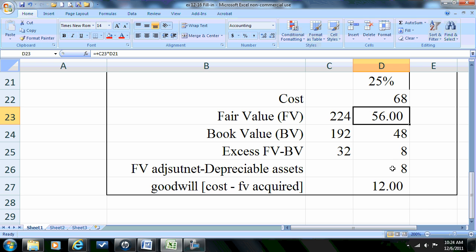So we'll have goodwill recognition of 12 million. The depreciable assets will be amortized over a useful life. Goodwill has an indefinite life subject to impairment. And we'll talk about goodwill impairment in advanced accounting.